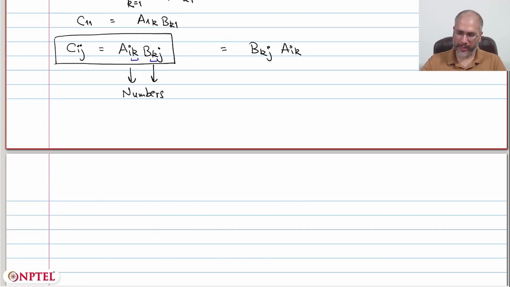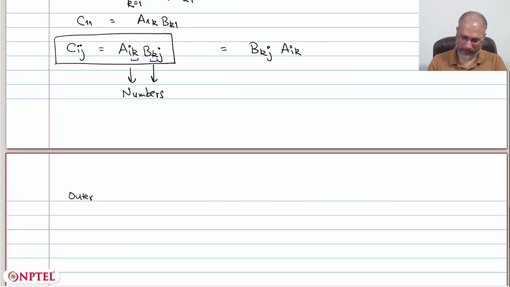We also see a resemblance of matrix multiplication with the inner product. Let's have a look. If I was to write an outer product between matrices A and B, that will look something like this: Aik Bqj. You can see all four indices are different, so the order of this tensor is 4 because we have 4 free indices.